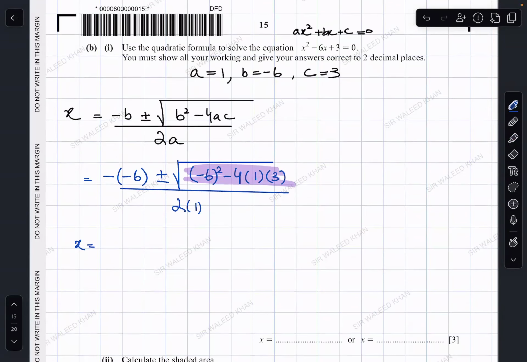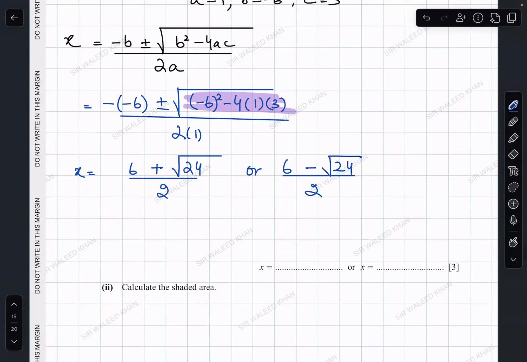Solve within the root. What do we get? 36 minus 12, we have 24. So plus 6 plus under root 24 over 2, or plus 6 minus under root 24 over 2.